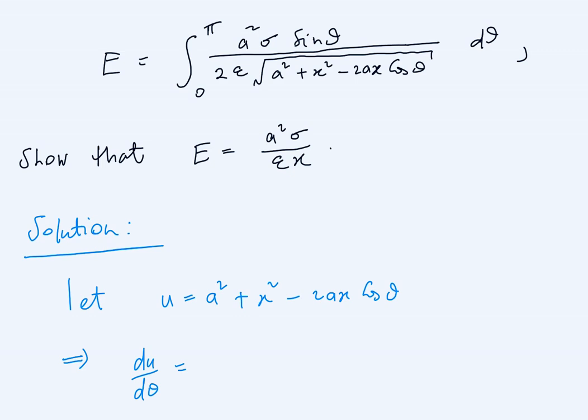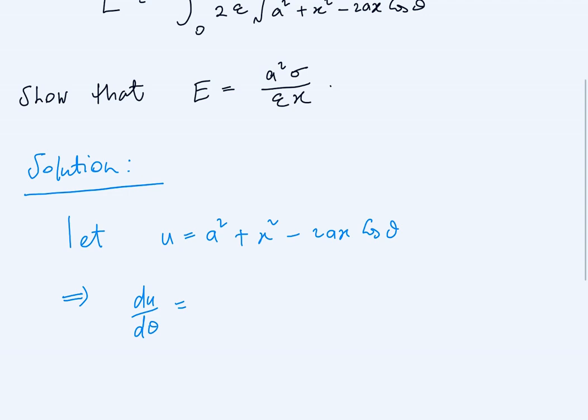So when you're differentiating u with respect to theta, the derivative of a squared is equal to 0, plus the derivative of x squared with respect to theta is also 0.